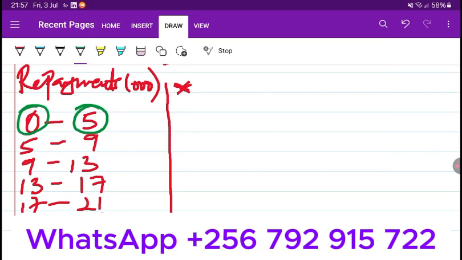So it is 0 plus 5 divided by 2, that will give you a 2.5. 5 plus 9 divided by 2, this will give you a 7. And then 9 plus 13 divided by 2, it's 11. This will be 15. This will be 19. This will be 23.